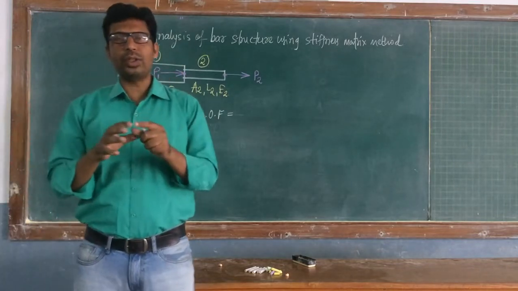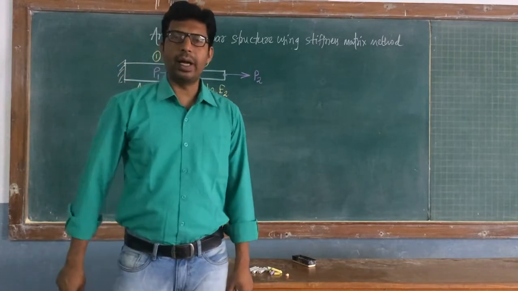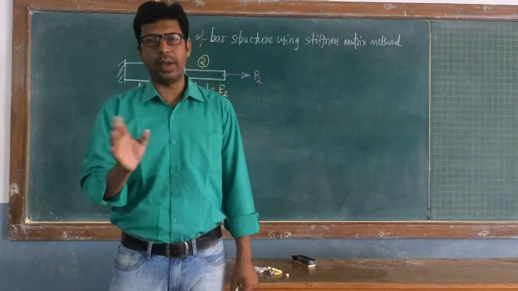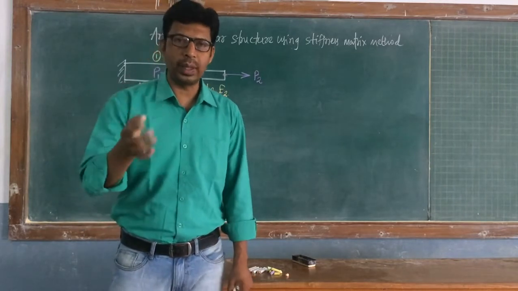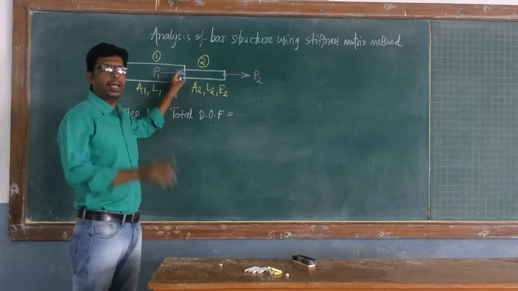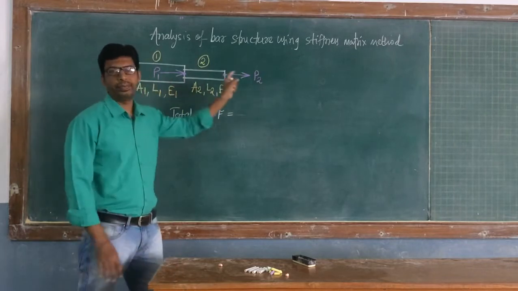But when the bar structure is subjected to axial forces, each point of the bar will move only horizontally. It may be towards right or left, depending on how the force is applied. But the displacement at any point is one, and that is axial displacement.